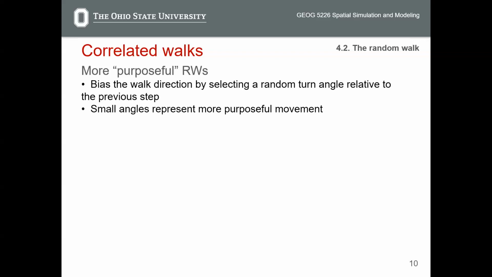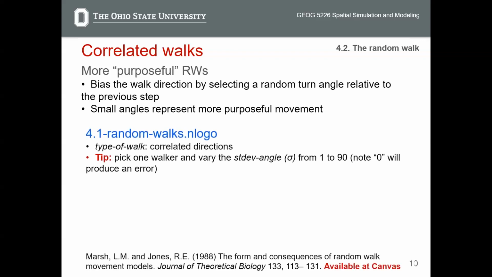These two steps are more purposeful than pure random walks, pure random steps. That's why it's called correlated walks, or purposeful RW. And you can also implement it in this model 4.1. You can choose correlated directions for the type of walk.